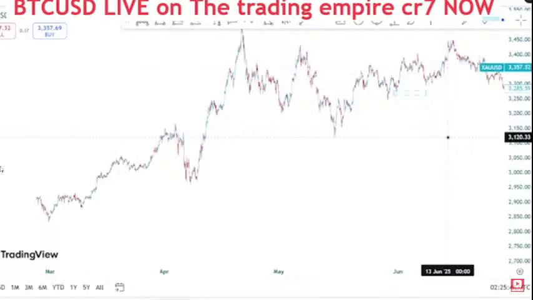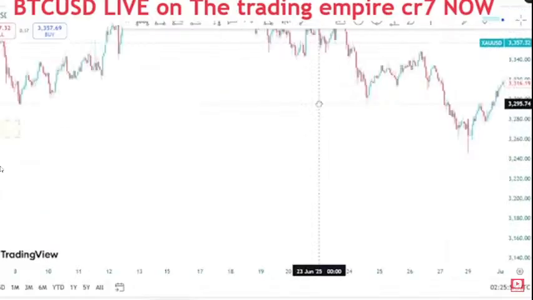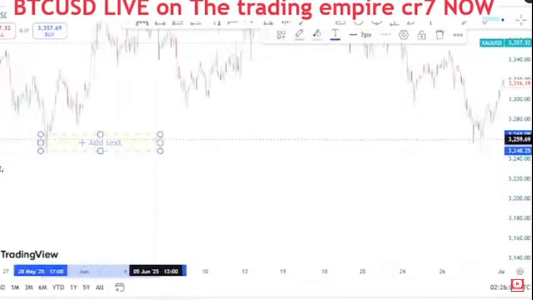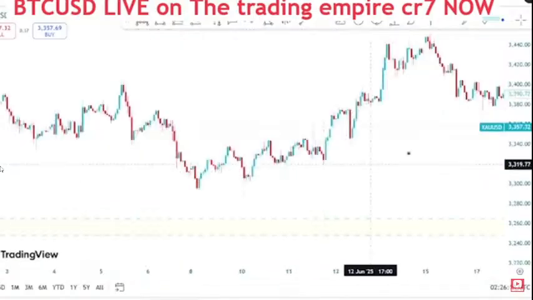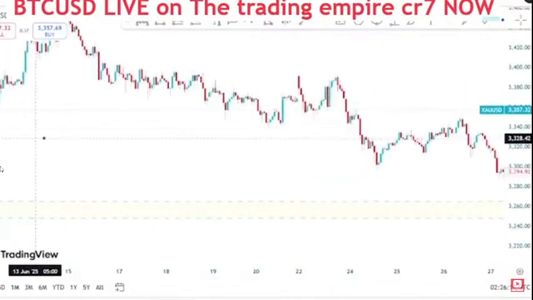A bit confusing, but you need to see it. From this area, this one connecting with this one, this was the low and this was the demand area. So we rejected from the demand area, anticipating that the market is going to reverse to the upside.